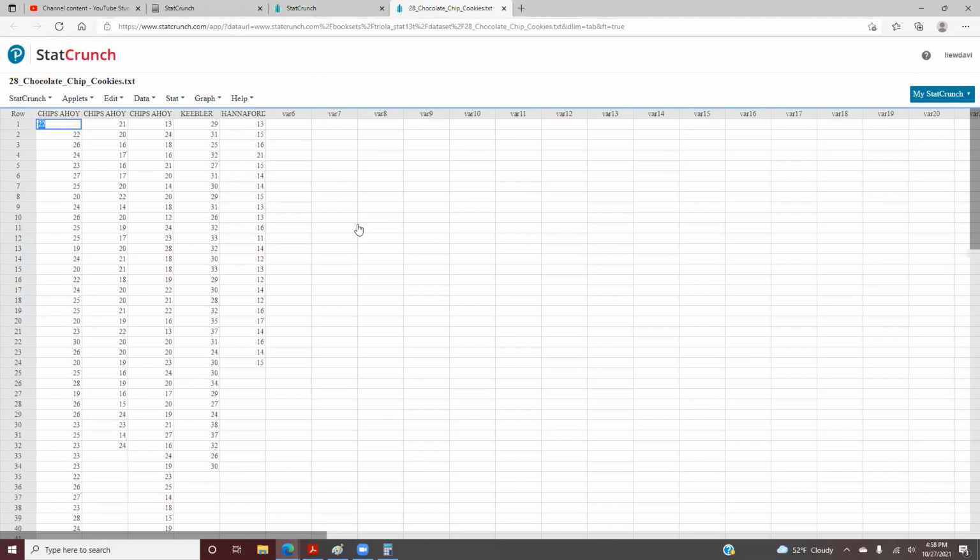What this data is, as you know, is that there are a lot of different brands of chocolate chip cookies. One of them is called Chips Ahoy. If you click on it, they will tell you these are different types. I think one is regular, one is sugar-free or something like that. There are 3 different types of Chips Ahoy, plus Keebler and Hannaford, so there are 5 different cookies.